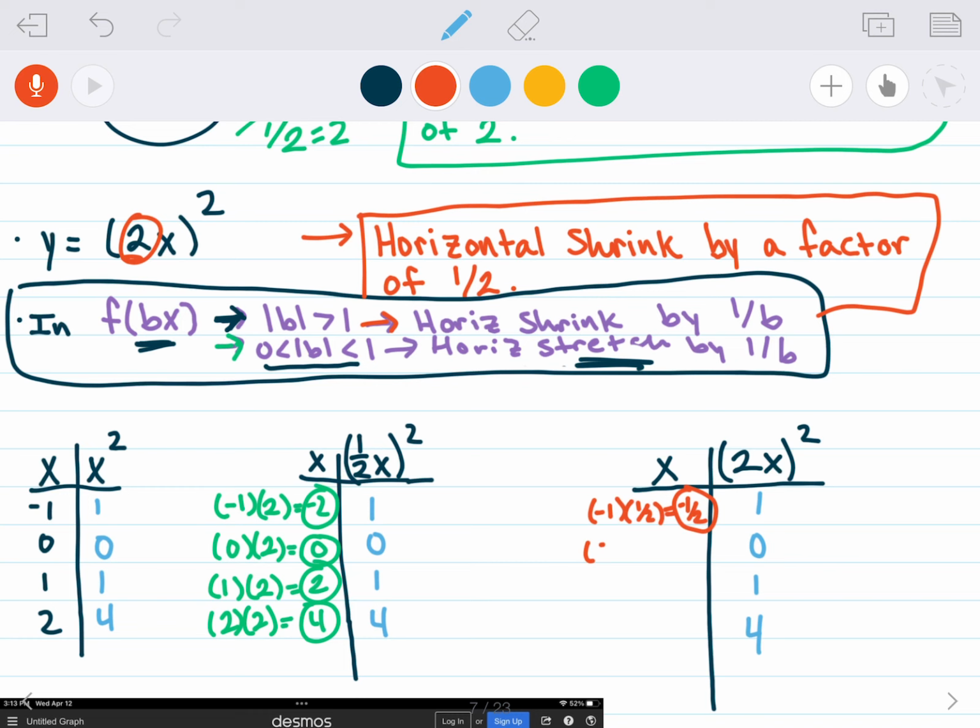Followed by 0 times 1/2 is 0. 1 times 1/2 is 1/2. And 2 times 1/2 is 1. All right. Okay, so those are my new input values, the ones that I circled.